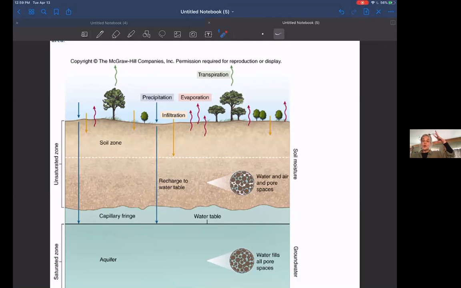So it just percolates down through those spaces, and then the soil stays moist for a given period of time. And we're going to talk about the different types of soil and how that determines how long the soil tends to stay moist. So sandy soils, desert soils, tend to not hold water very well. Clay soils tend to hold water very well, maybe too well, right?